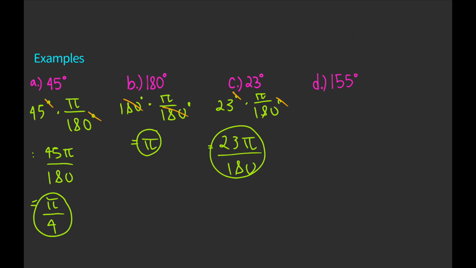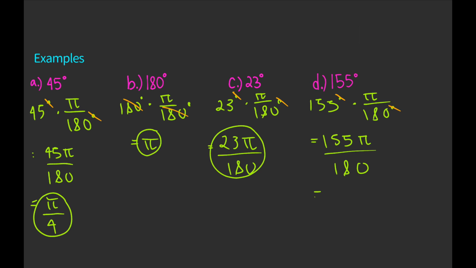So next, example D, 155 degrees. Once again, we're going to take 155 degrees, multiply it by pi over 180 degrees. The degrees are going to cancel out, and we will be left with 155 pi over 180.